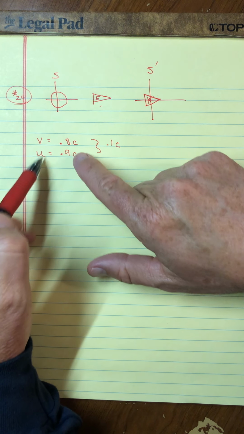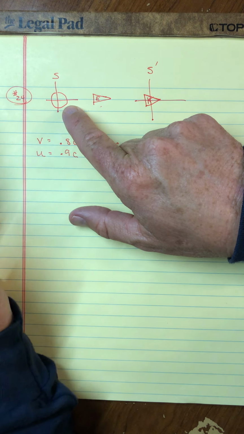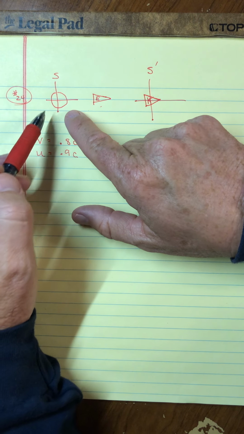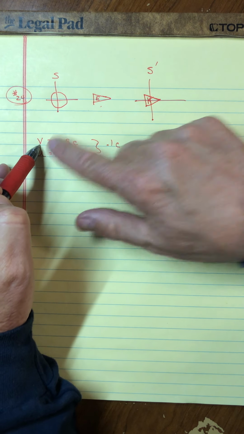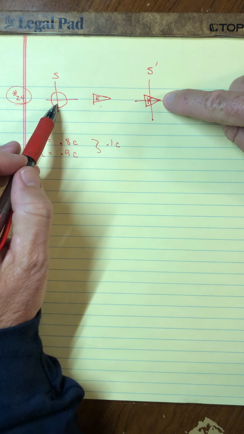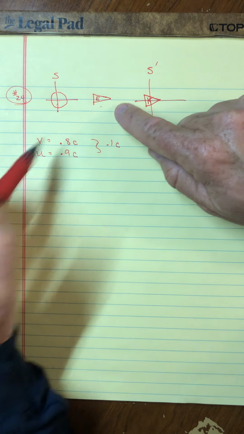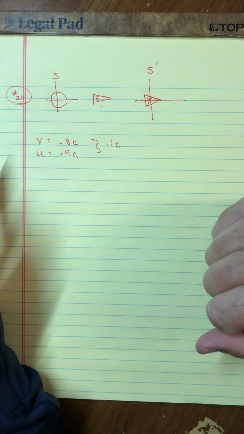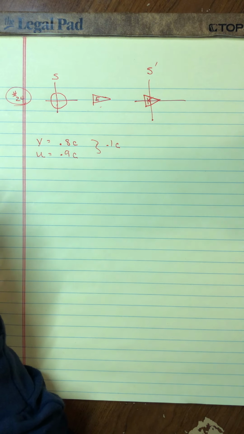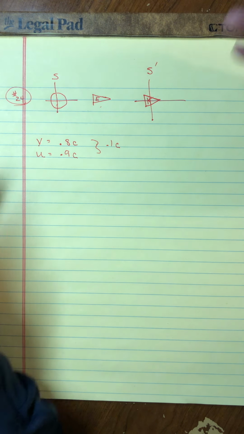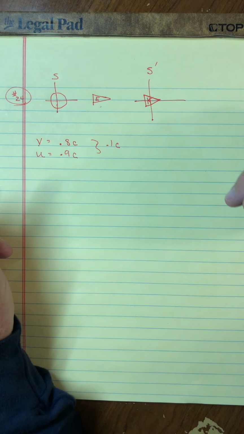See, each of these speeds are from this unprimed system. v is the speed of the Klingon ship from the unprimed system, and u is the speed of the object from the unprimed system. So they're not giving us any new information here. They're just saying, hey, this is the closing gap, 0.1c.